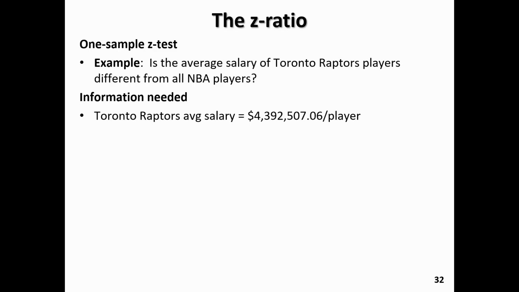Carrying this forward, based upon the previous equation, we need some information to feed into the equation. The first thing we need is the average salary of the Toronto Raptors, and these are data obtained and calculated from the 2015 year.